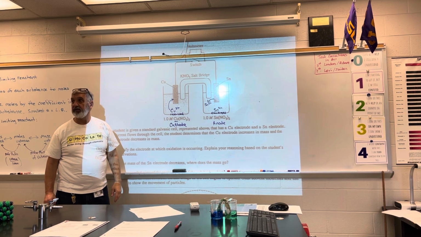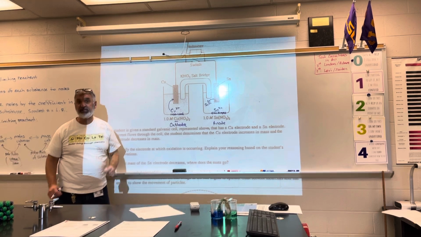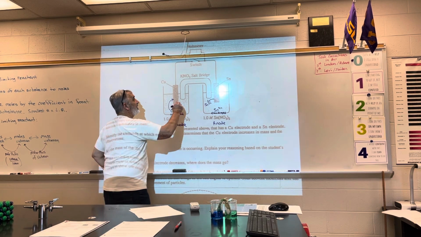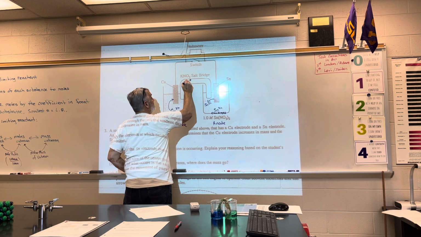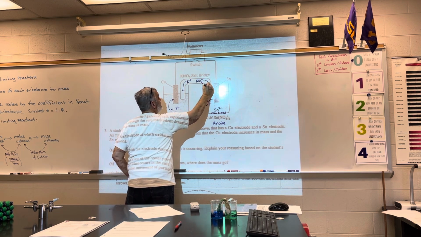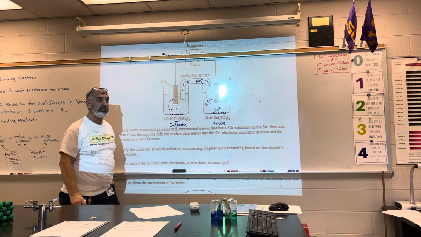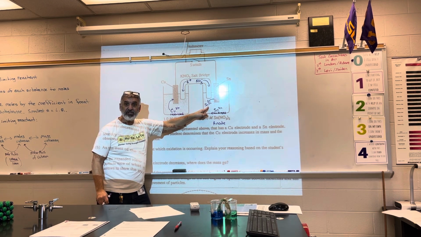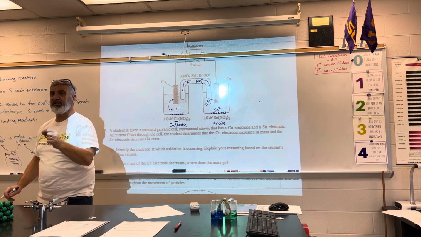The ions are going into the solutions. Okay, but specifically, which ions are going which way? K is going to the left, and then the NO3 is going to the right. Okay, K+ is coming in here, and NO3- is going in there, right? Because Sn2+ is coming in, so this is becoming more positive. So what's the function again of the salt bridge?